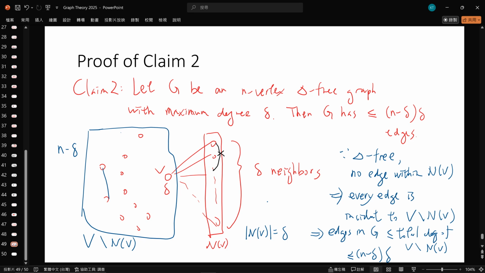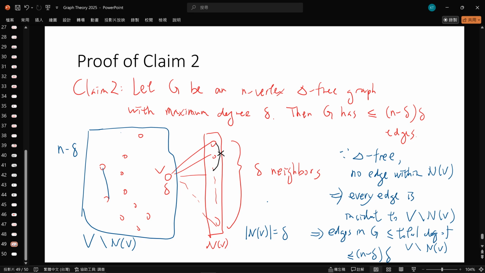Okay. So I think the proof is definitely not straightforward, but simple. And in my opinion, this is quite genius. We need to use this maximum degree as the handle of the proof.